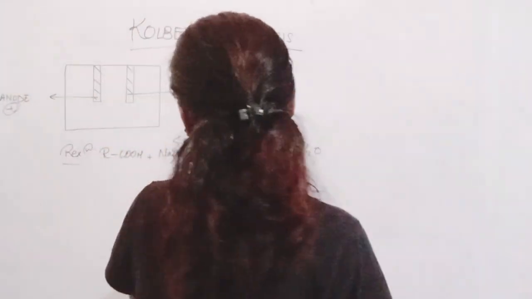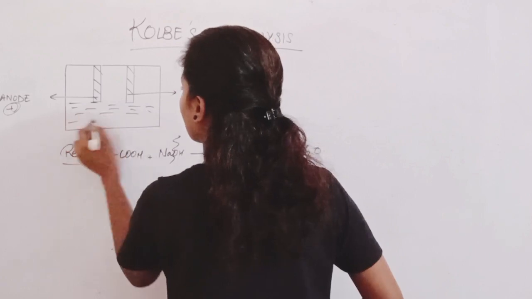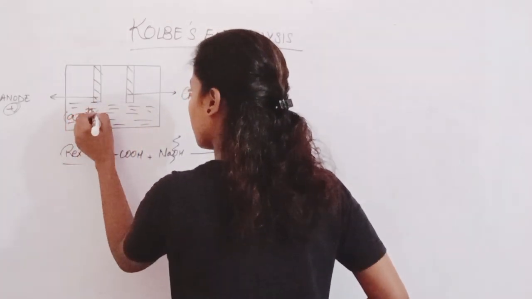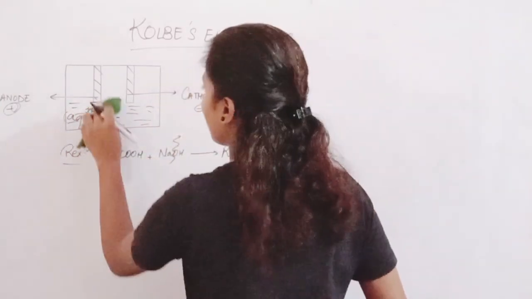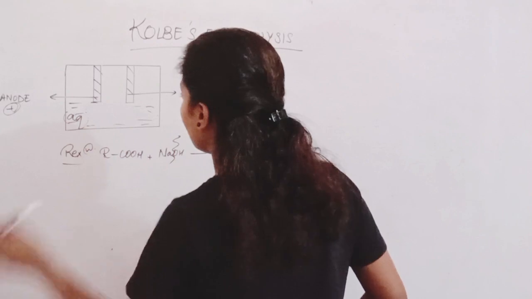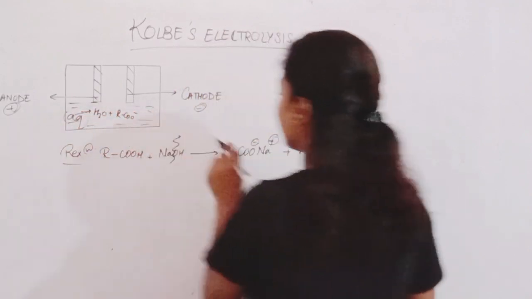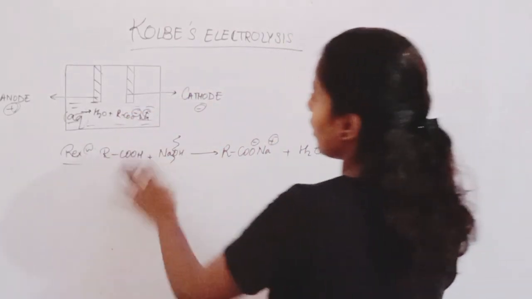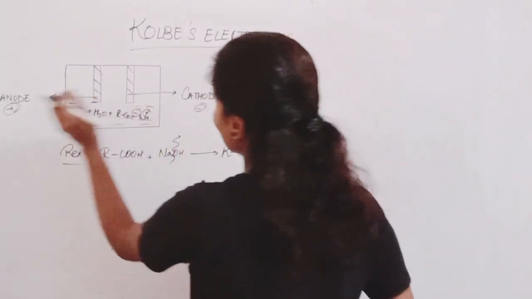Okay, so I'm going to have these rods in the aqueous solution of H2O plus R COO minus Na plus. I'm going to erase this water so you can clearly see. Okay, so what will happen in both the cases, at anode, at cathode?